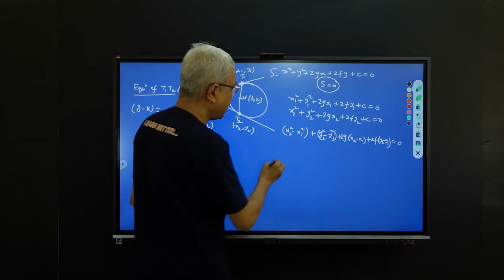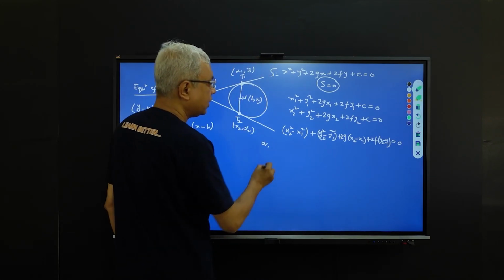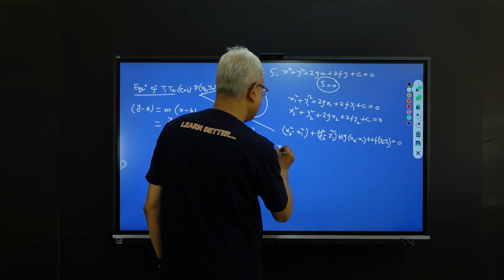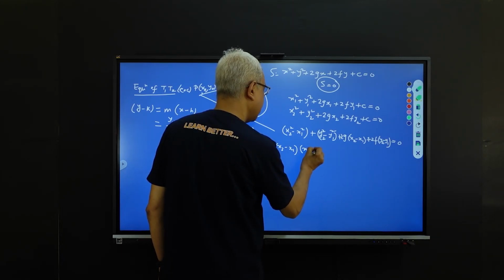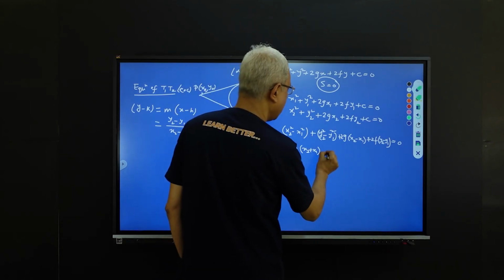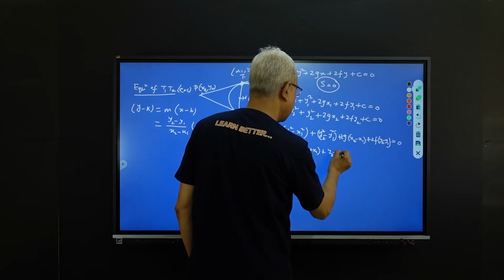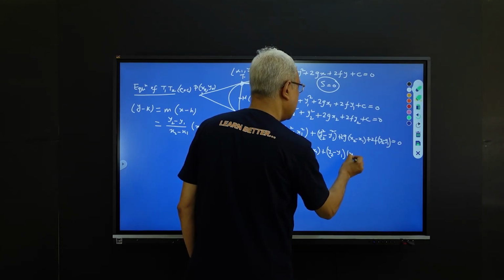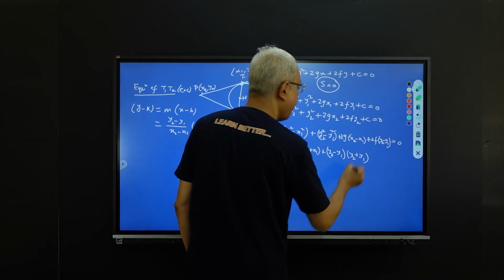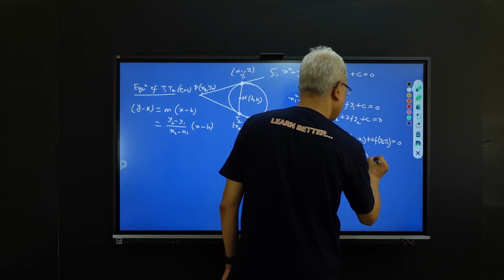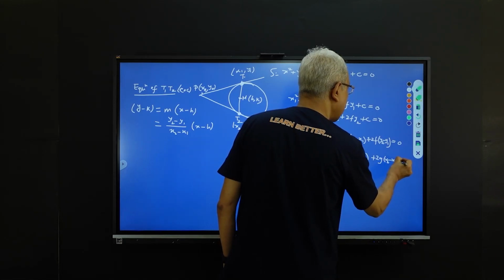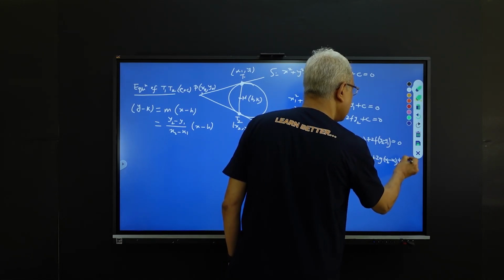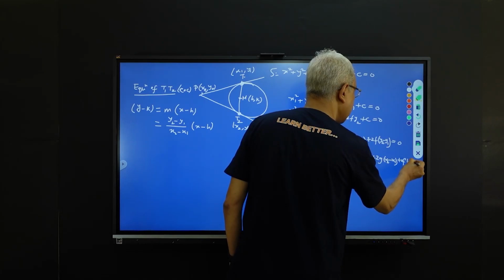So from this I can write (x2 minus x1)(x2 plus x1) plus (y2 minus y1)(y2 plus y1) plus 2g (x2 minus x1) plus 2f (y2 minus y1) equal to 0.